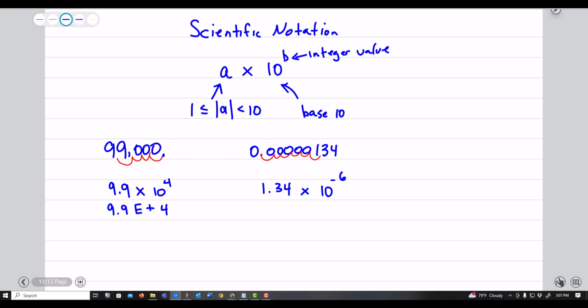These are actually examples. If you put these in your calculator, you would get this decimal. So as you can see, we use these for really large values or very small values.